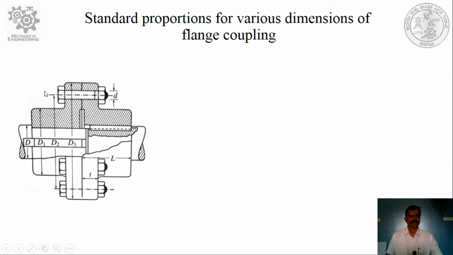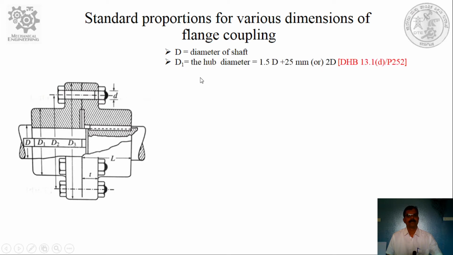Here some empirical relations are given to get the different dimensions of the flange coupling. D is the diameter of the shaft, which we are going to use to transmit the power from one shaft to another shaft, and D1 is the hub diameter. The figure shows the D1, the hub diameter.